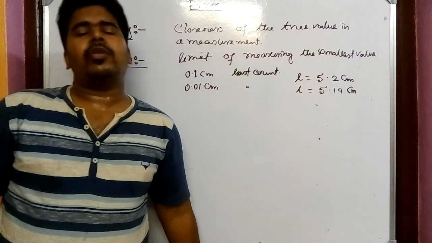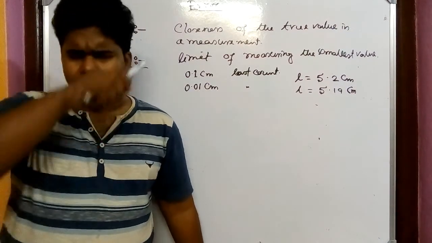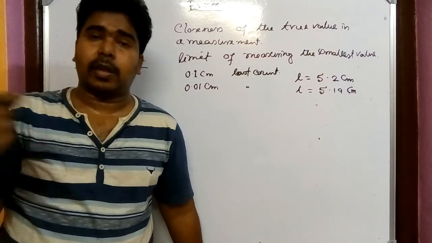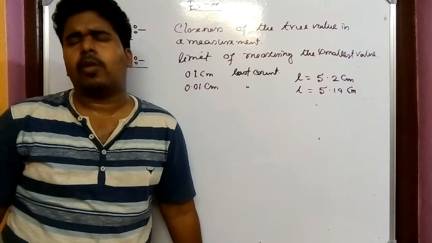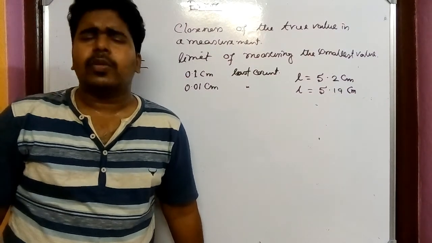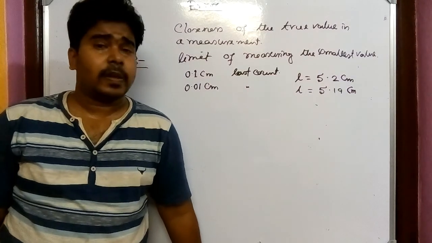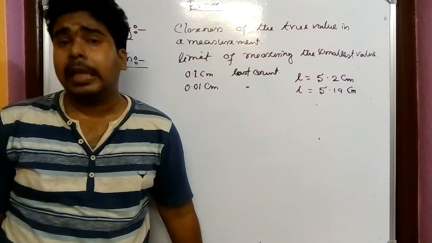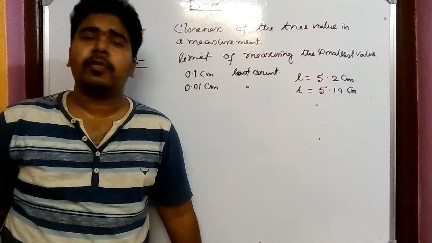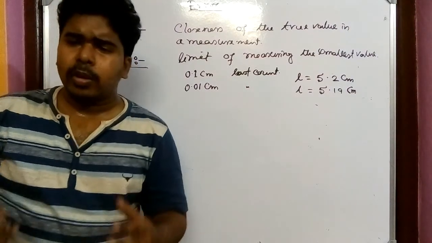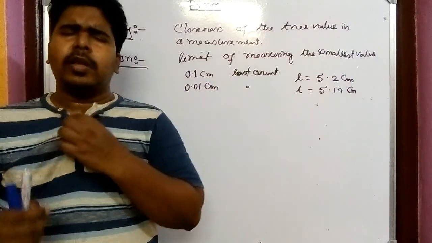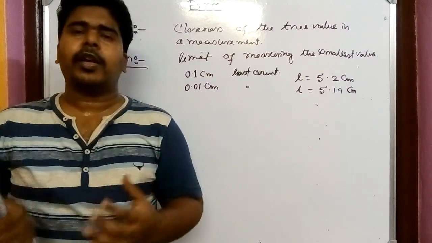Another doubt you have asked several times, sir, for the case of constants, like the gravitational constant and Planck's constant, we have said their significant figures are infinity, an infinite number of significant figures. Why? I have already told you, the more significant figures, the more the accuracy.